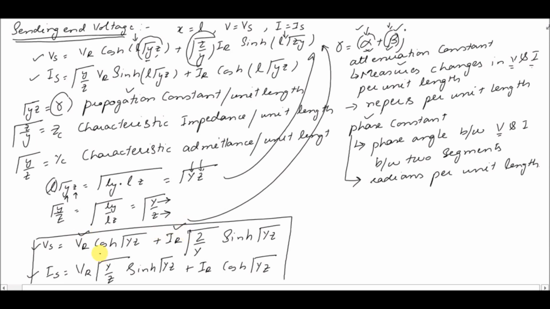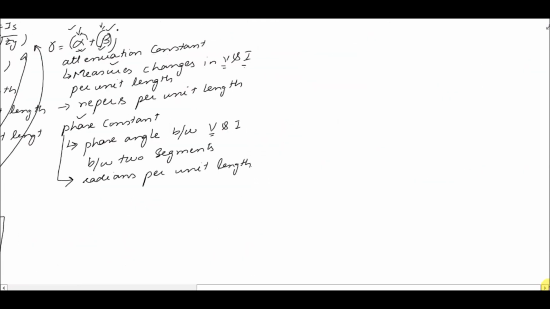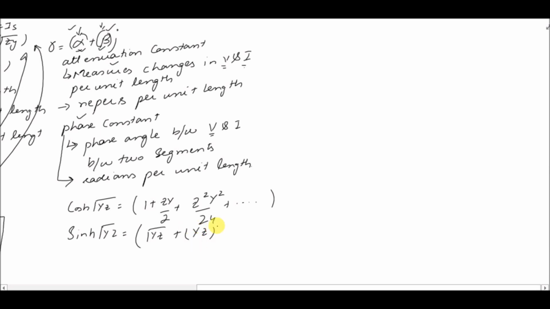Now for the cosh and sinh terms, you can use the expansions. For example, one expansion for the cosh term is 1 plus ZY over 2 plus Z squared Y squared over 24 plus and so on. Similarly, for sinh of under root YZ, you will have under root YZ plus YZ under root YZ over 6 plus and so on.